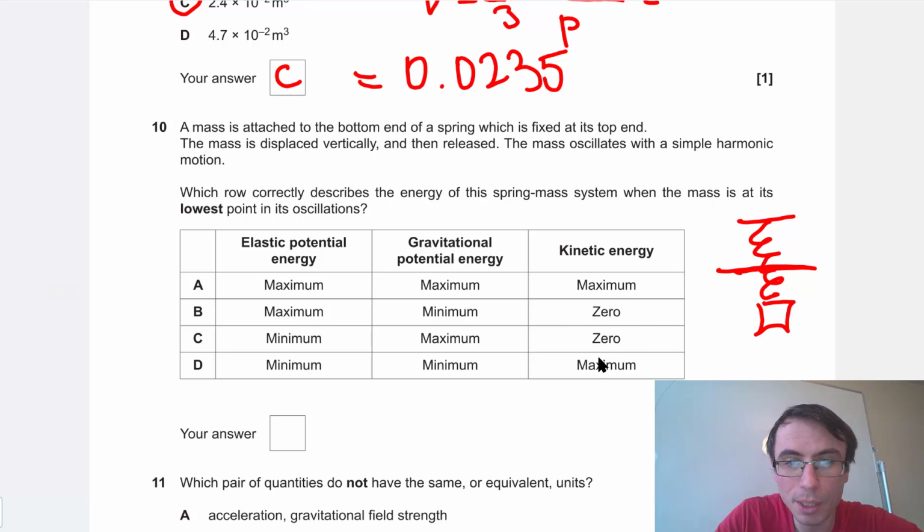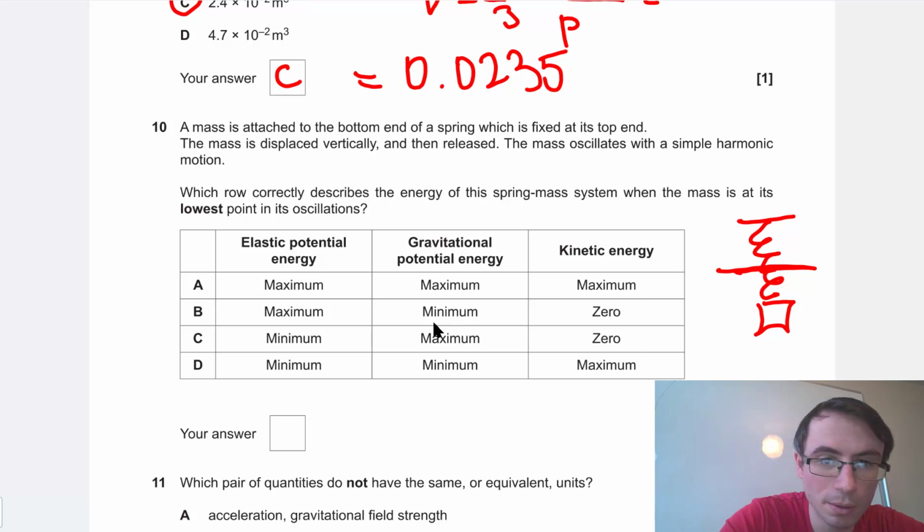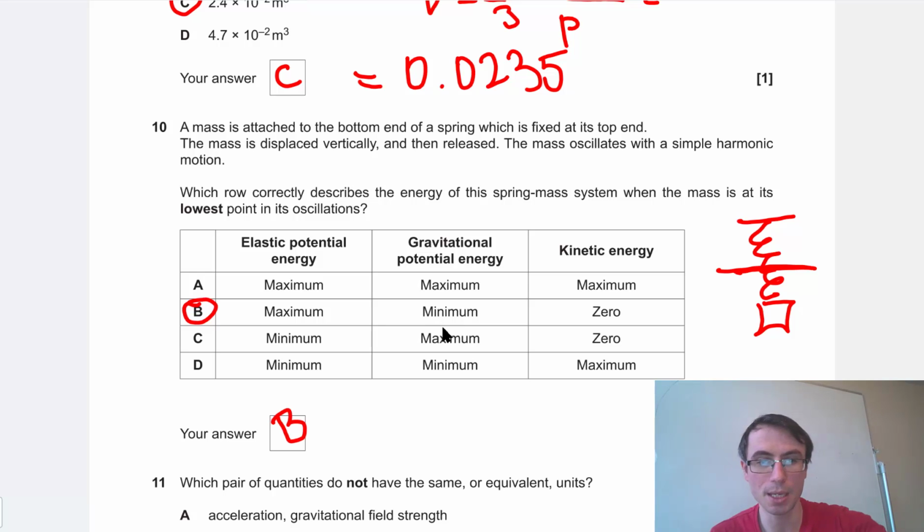Okay, so it's either going to be B or C, and the gravitational potential energy is at a minimum, so elastic potential energy is at a maximum. Correct answer has to be B.